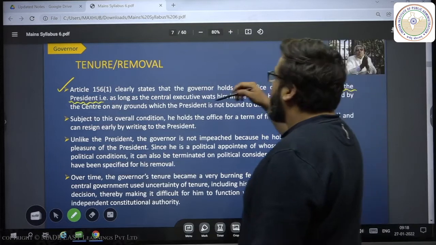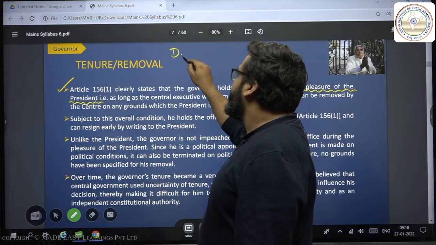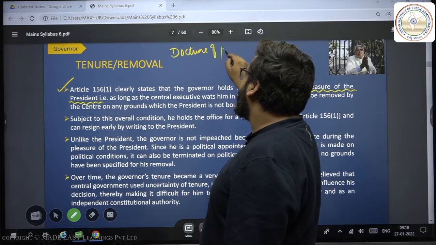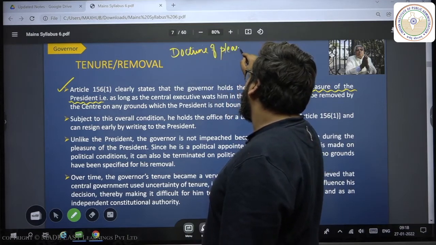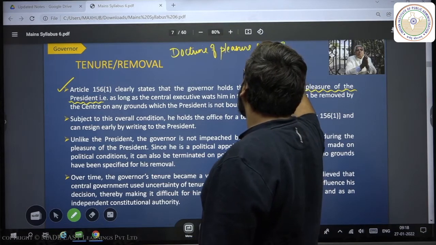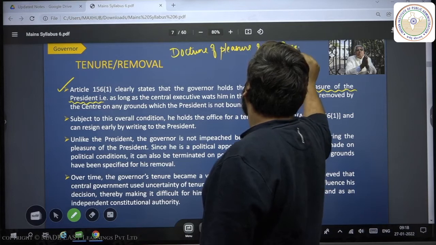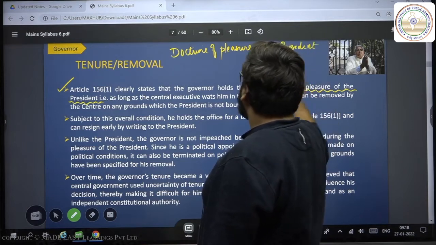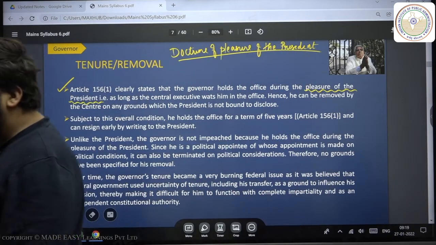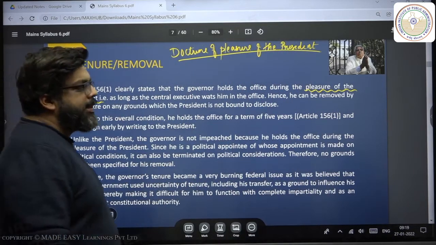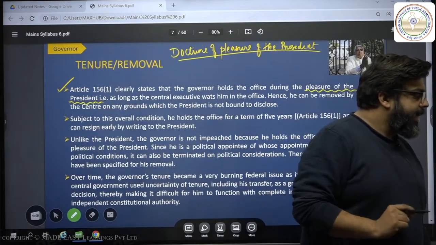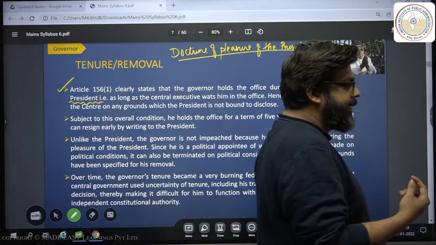Now, this also converts into a constitutional doctrine called the doctrine of the pleasure of the president. This means that you're appointed and removed entirely at the will of the president.